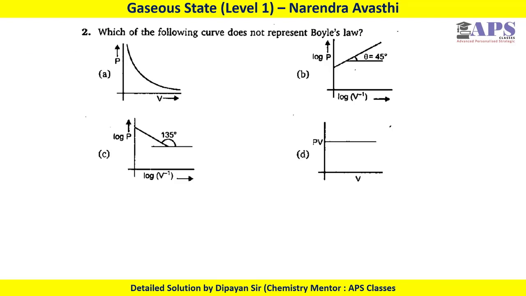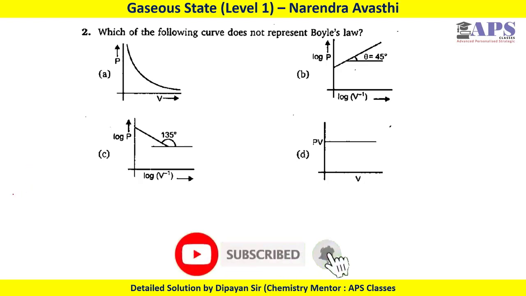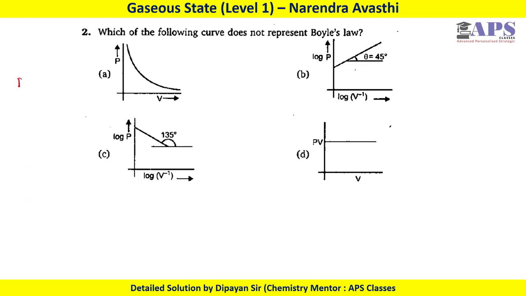Question number 2, which of the following curve does not represent Boyle's law? Boyle's law is nothing but PV equal to constant. For P versus V it will give a plot like this, so option A is correct.